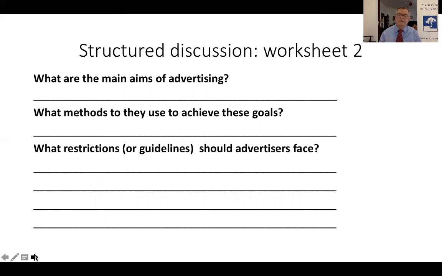What methods do they use to achieve these goals? Well, they might amuse or shock or persuade, or they might exaggerate, and so on. And then we could think about what restrictions or guidelines should advertisers face. And students could come up with a list of suggestions, things that advertisers shouldn't be allowed to do, for example.